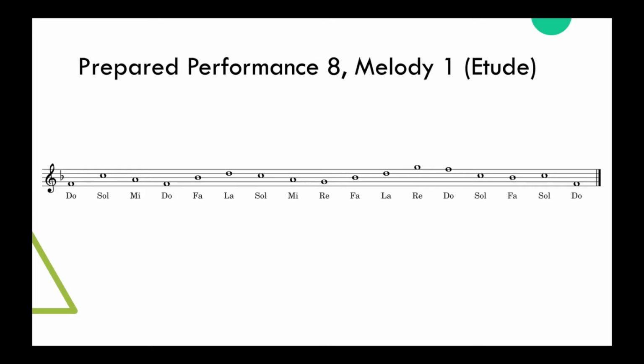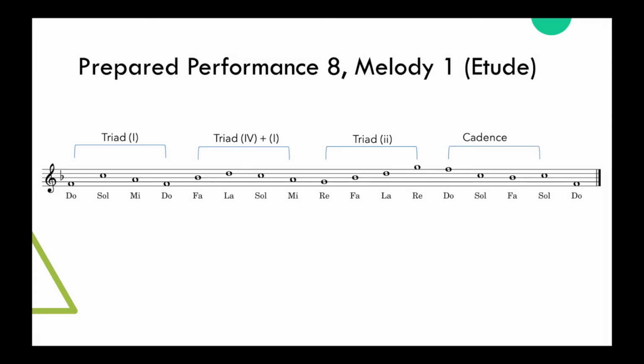Now for the melody, we have F major, and the first thing is a little tonic triad. Do, sol, mi, do. And then fa, la, which implies a 4 chord, and then sol, mi, which implies a 1 chord. And then we get a 2 triad going all the way up, re, fa, la, re.